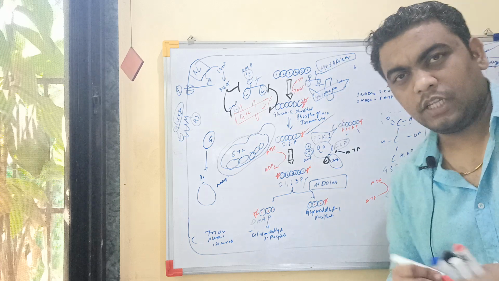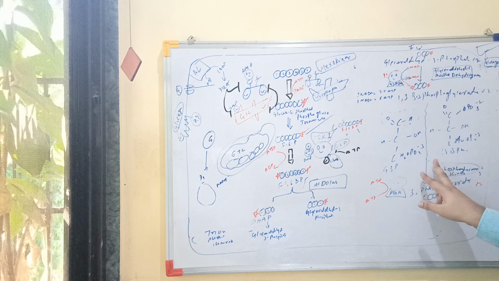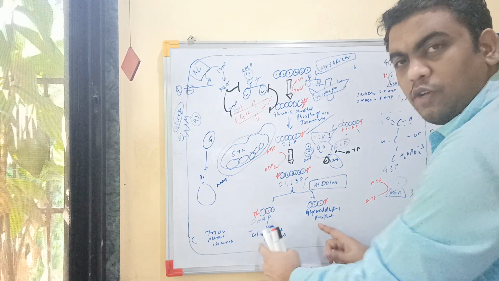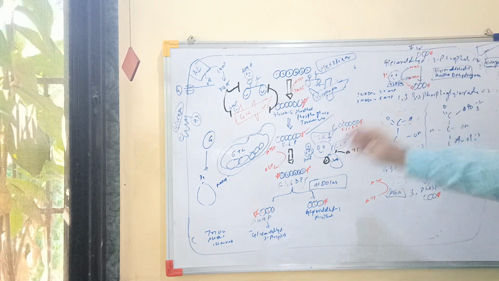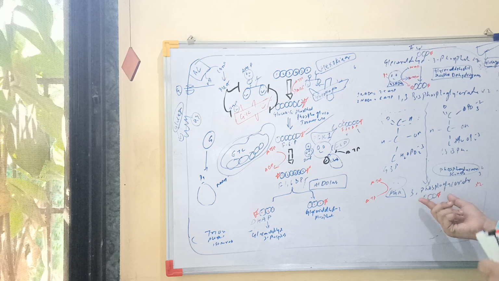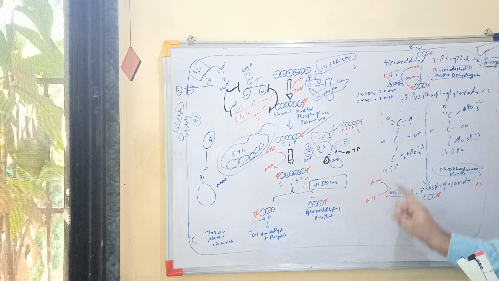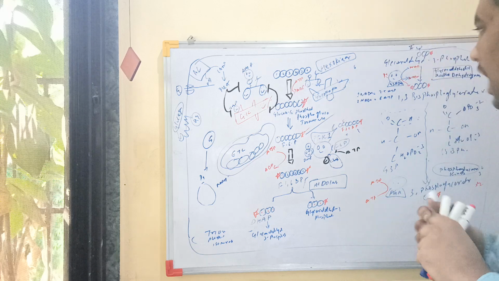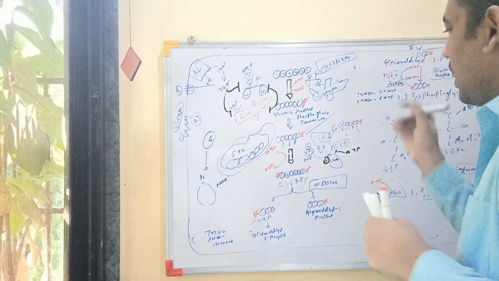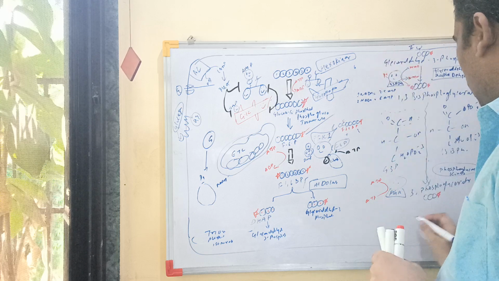2 बार. So we have generated 2 ATPs over here, correct? Because we are talking about one molecule, but we have got 2 molecules of glyceraldehyde 3-phosphate. So of course 2 molecules of 1,3-bisphosphoglycerate and 2 molecules of 3-phosphoglycerate. That means 2 molecules से phosphate निकाला जाएगा और 2 ADP को ATP में convert किया जाएगा. So now what do we have? Till now we have invested, investment कितना हुआ अभी तक?